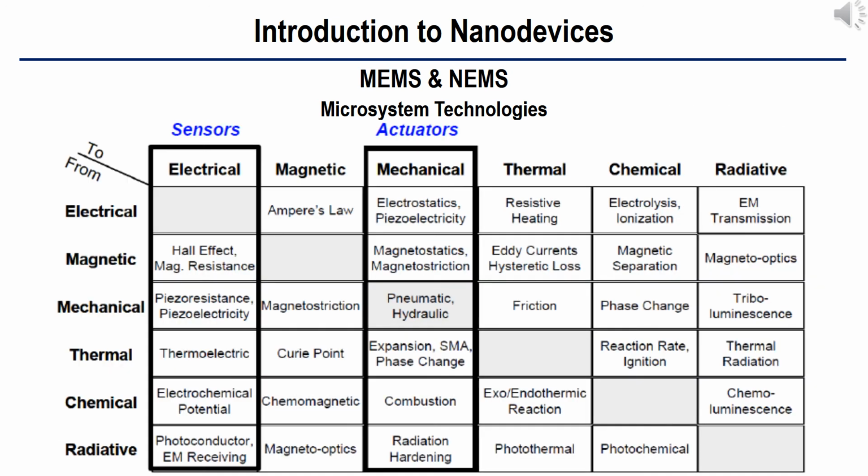Actually, the transduction mechanisms in micro and nano devices are physical phenomena that are responsible for transforming energy from one state to another. Here is a summarized table to understand the interconnected relationships for the various nano and micro systems. For example, the signal translation from thermal input to electrical output is done by thermoelectric sensors.